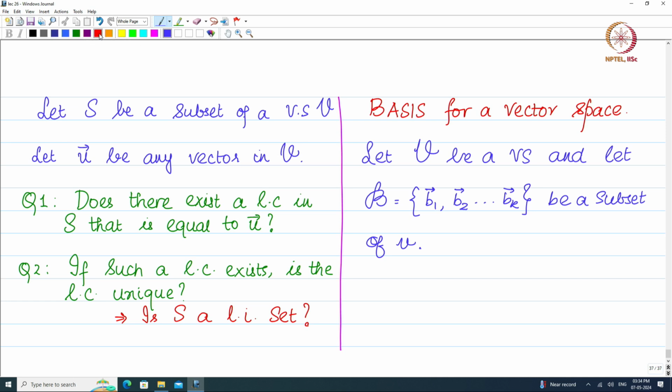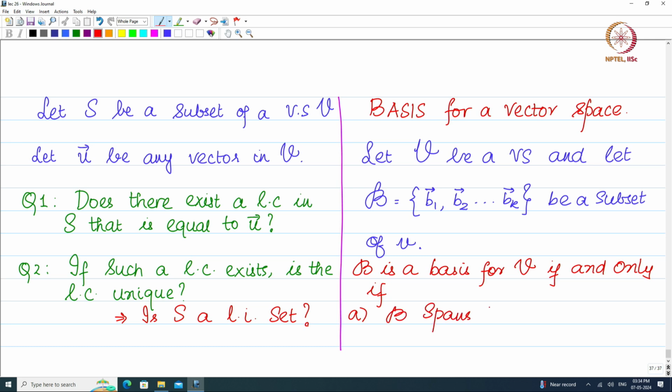B is a basis for V if and only if, A, B spans V, that means the span of B is the entire vector space V, and B is a linearly independent set.